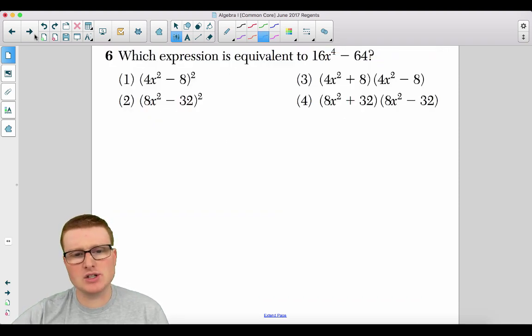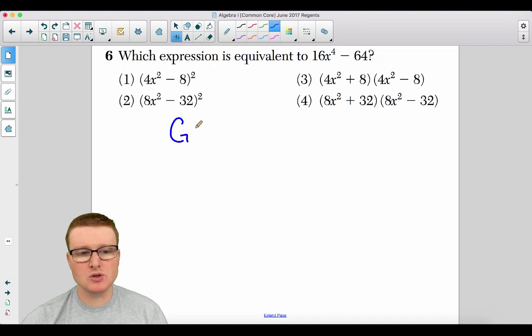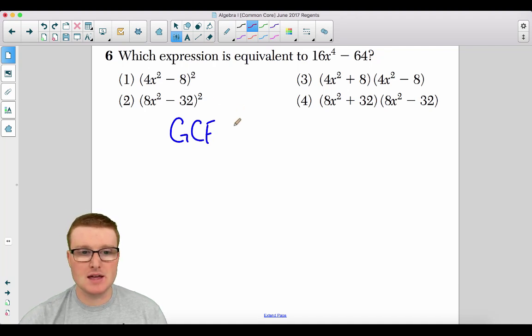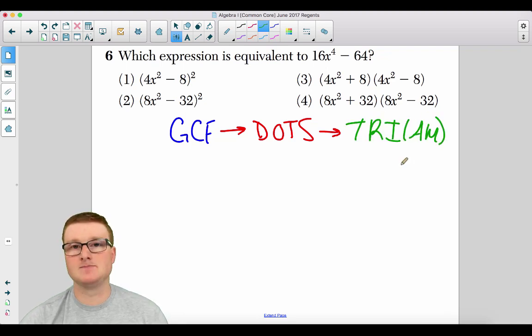Which expression is equivalent to 16x to the 4th minus 64? I personally did not like this question when it was given because this is clearly a factoring question. All math teachers tell you to look for the greatest common factor first, then move on to the difference of two perfect squares, then the trinomial method or the AC method of factoring.